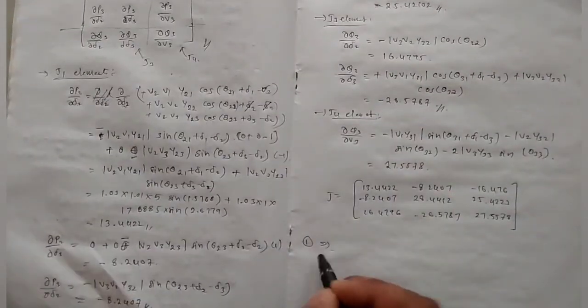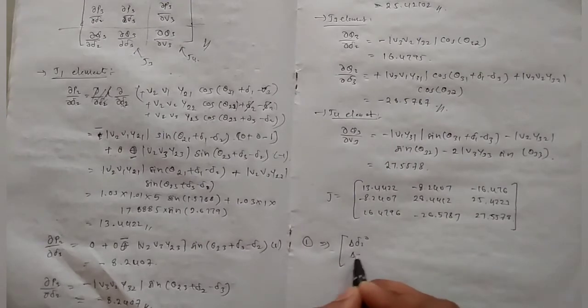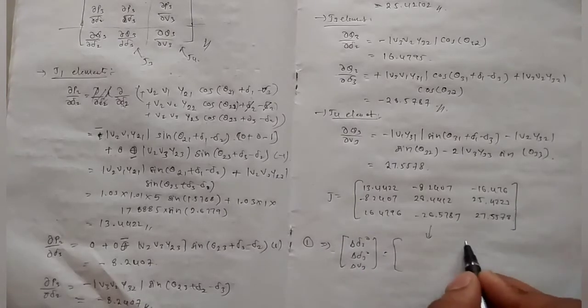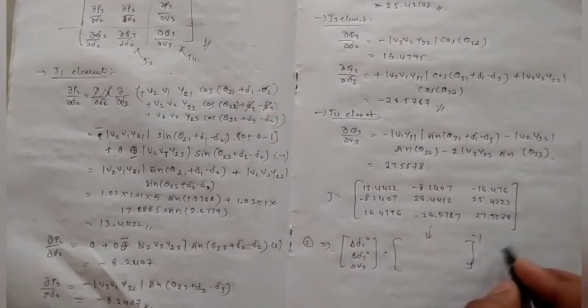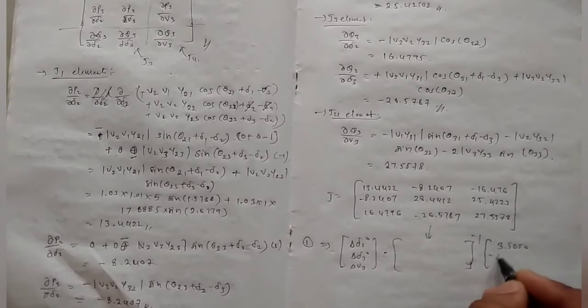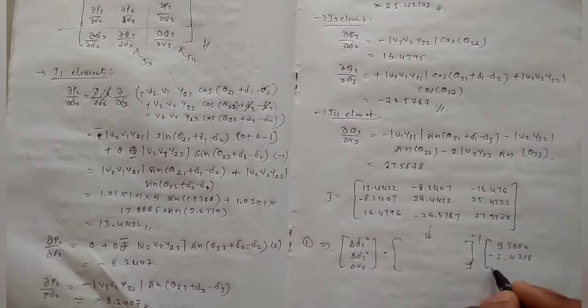Equation 1 implies ∂delta 2, ∂delta 3, ∂V3 is equal to the Jacobian matrix whole inverse, and this is the known mismatches, 5.4218, minus 3.5583 you will get.